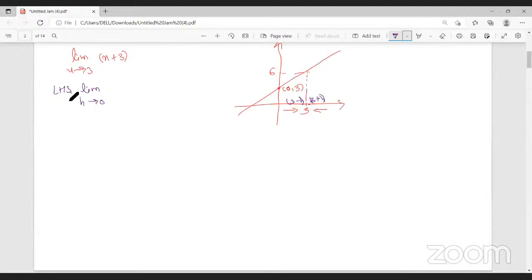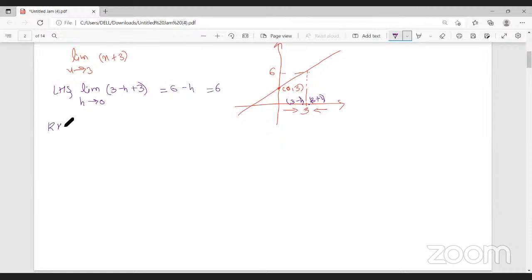If we consider the left hand side limit, I can replace x by 3 minus h. So what I will get is 3 minus h plus 3, which is 6 minus h. Limit h tends to 0, I can put 0 here, so I will get 6, right?